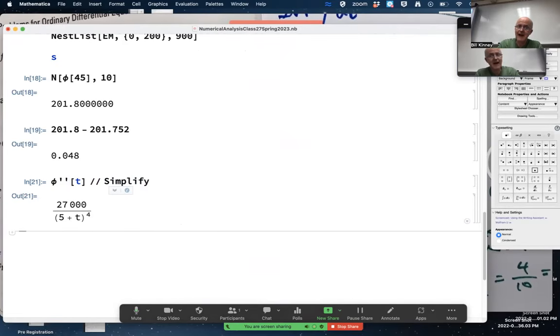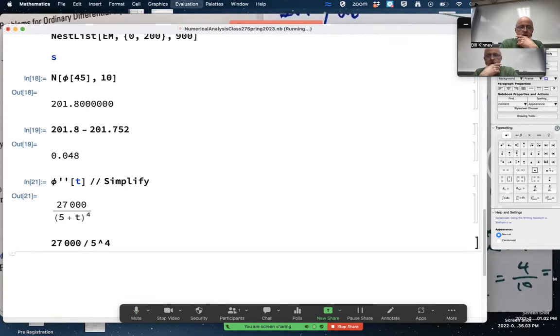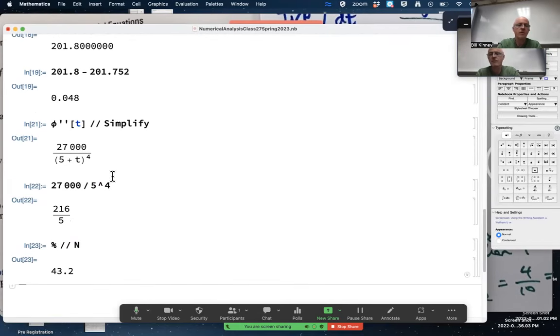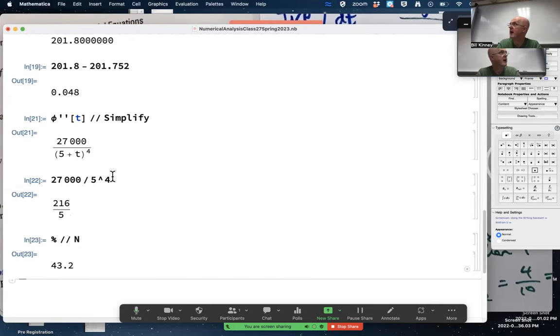And the absolute value of that equals itself. There's no negative sign there, and that's a 4th power, and t's positive anyway. And that is going to be maximized at t equals 0 as well. And have a value equal to what? 27,000 over 5 to the 4th is going to be its maximum value. That's going to be a decreasing function of t. 216 over 5, which is about 43.2. That can be used for M.